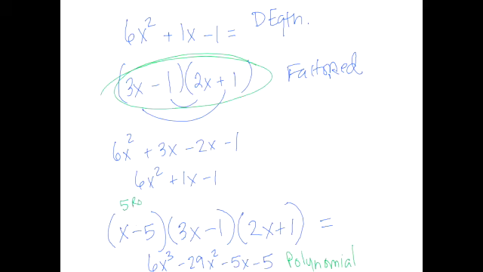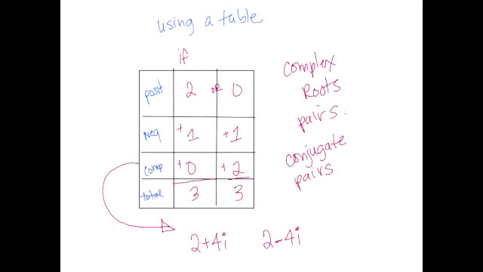5 is a root. x minus 5 is a factor. What's another root? 1/3 is a root. 3x minus 1 is a factor. What's the last root? 1/2. That's right. Negative 1/2. Negative 1/2 is a root. So according to this table, there was 1 negative root and 2 positive roots.